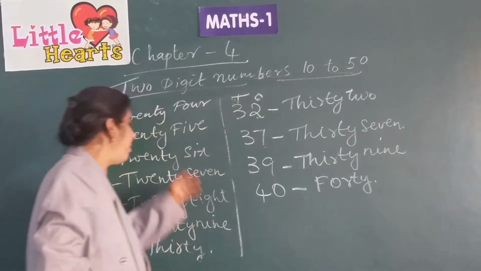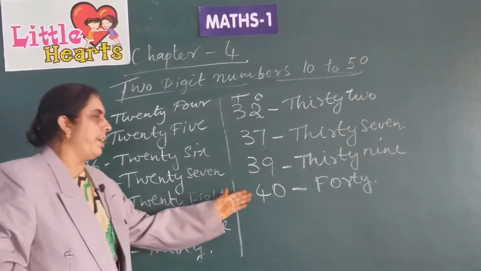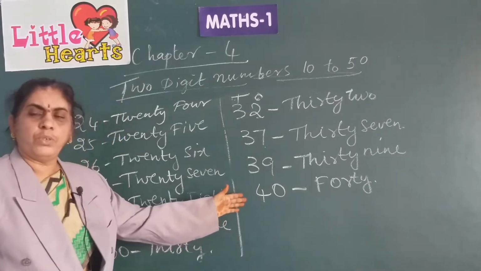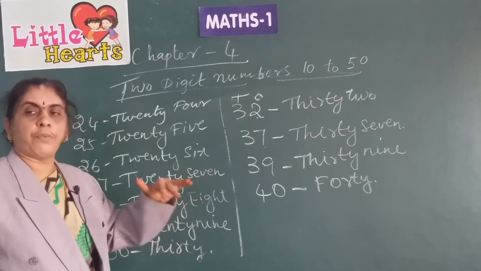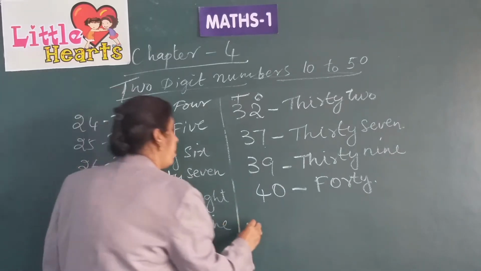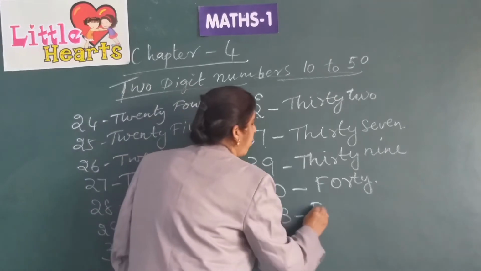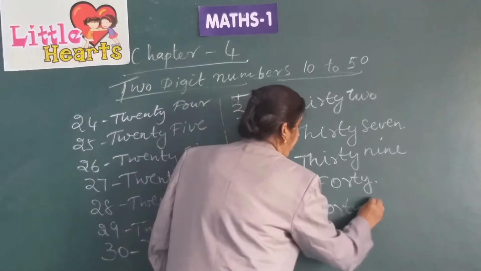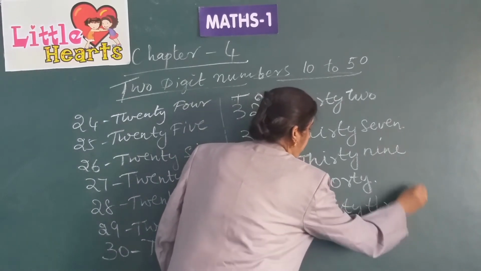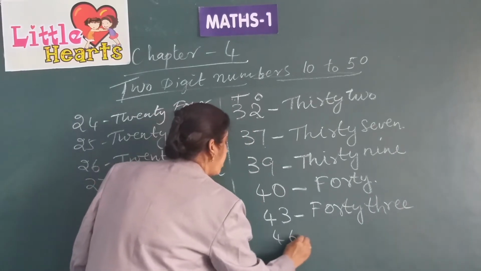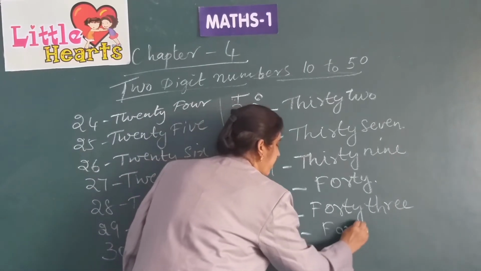As we have written from 20 to 29, we can easily write from 41 to 49, 41, 42 like this. Now, the number name for this is 43. This is 46.